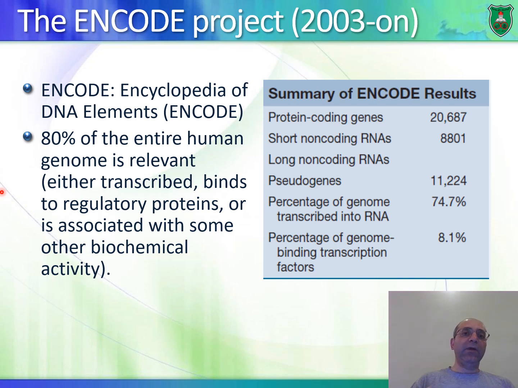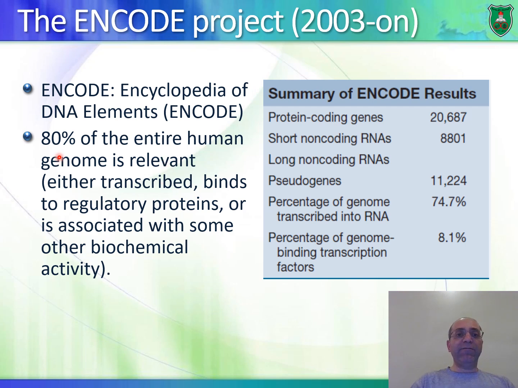But then they realized that actually 80% of the entire human genome is relevant. About 75% of the human genome can be transcribed. They could not imagine that. They thought that only 2% of the human genome was transcribed, but then they realized that 75% of the human genome is transcribed, which is amazing.